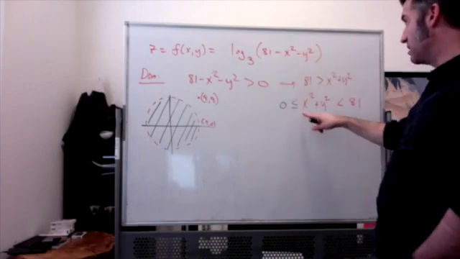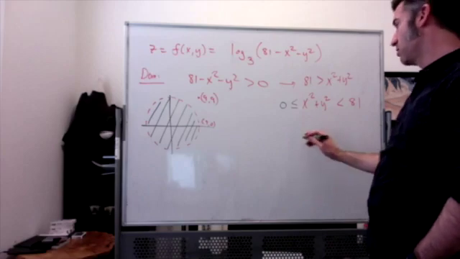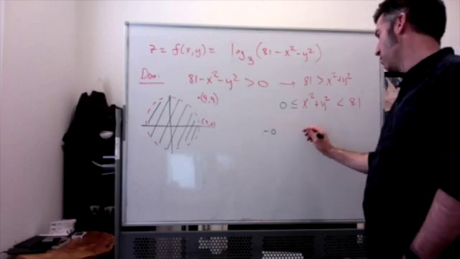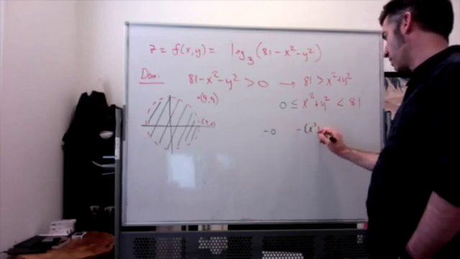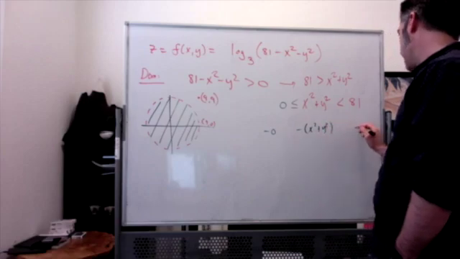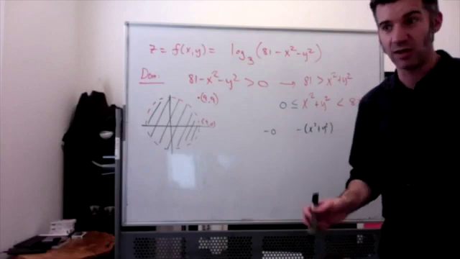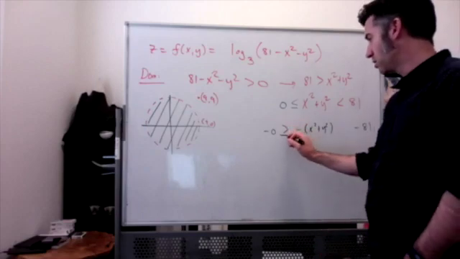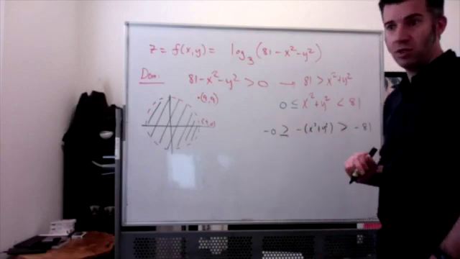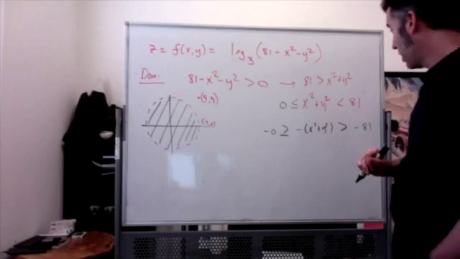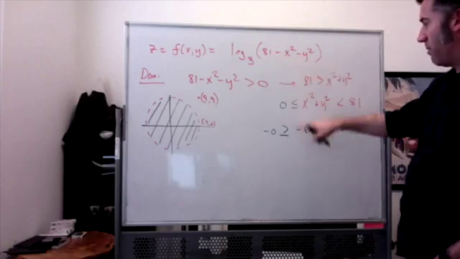So first, I need negative x squared plus y squared. So -0, negative x squared plus y squared, negative 81. I multiply everything by -1, but when I multiply everything by -1, the direction of the inequality changes. Okay, but then I need 81 minus x squared plus y squared.